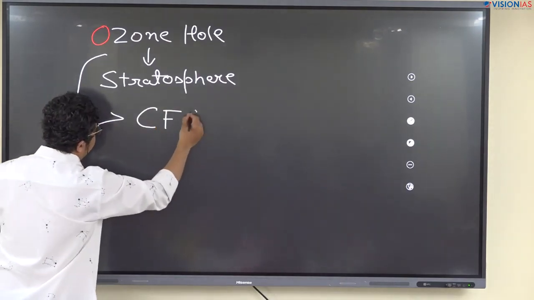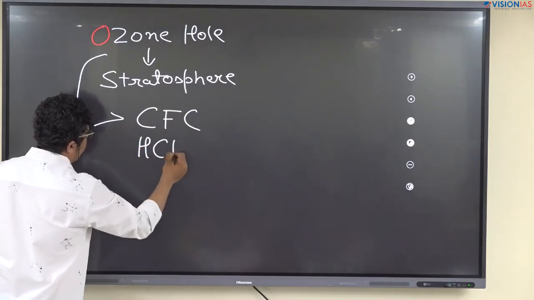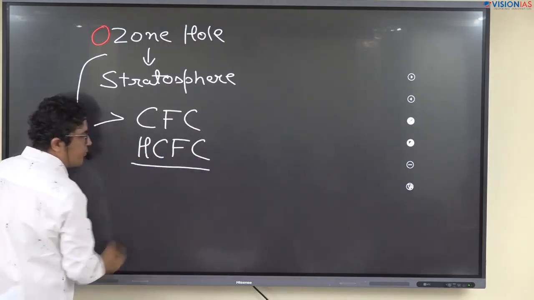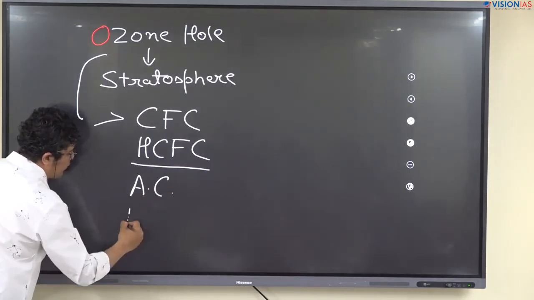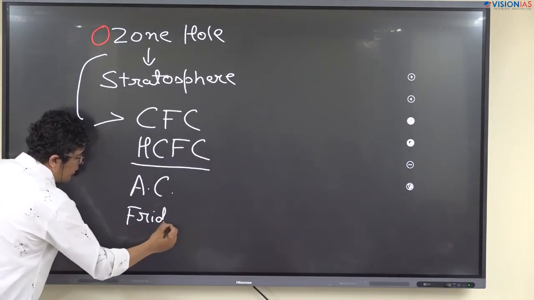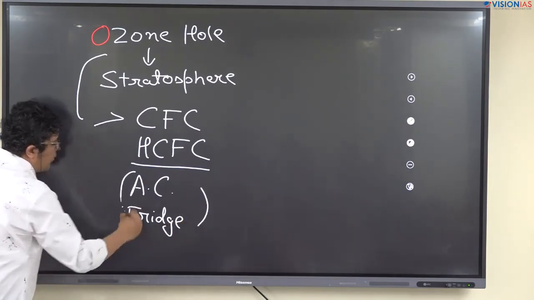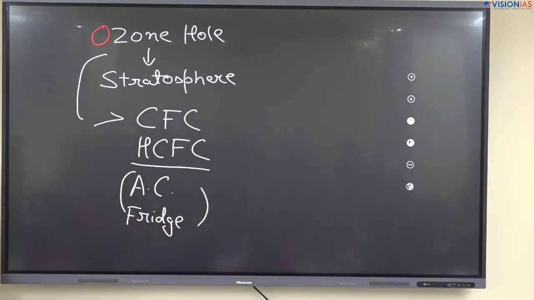Gases like CFC and HCFC, where are they used? They are used in manufacturing of AC and fridge.